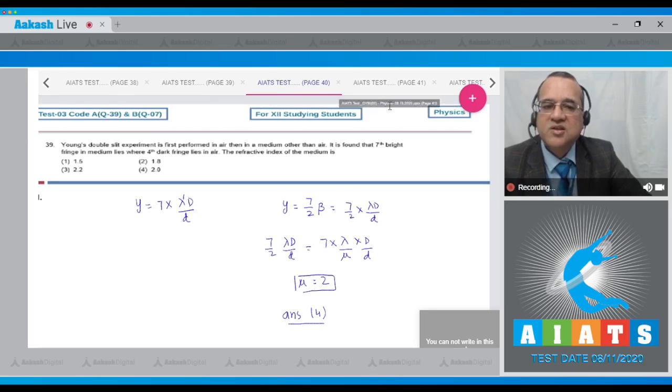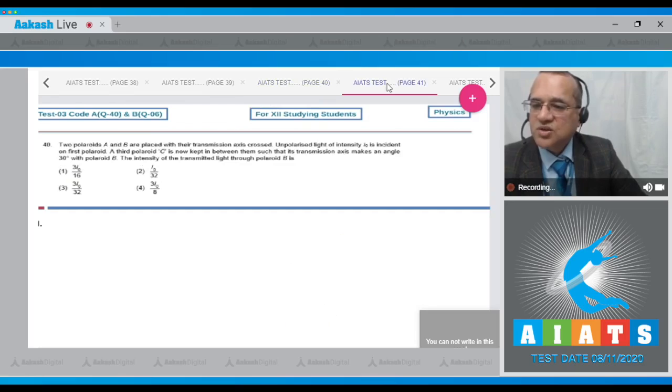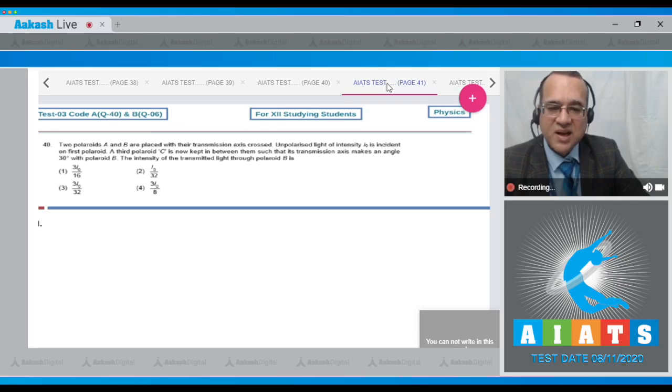Let's move to the next problem. Question number 40 says two polaroids A and B are placed with their transmission axes crossed. Unpolarized light of intensity I naught is incident on the first polaroid. A third polaroid C is now kept in between them such that its transmission axis makes an angle of 30 degree with the polaroid B. The intensity of the transmitted light through the polaroid B is.